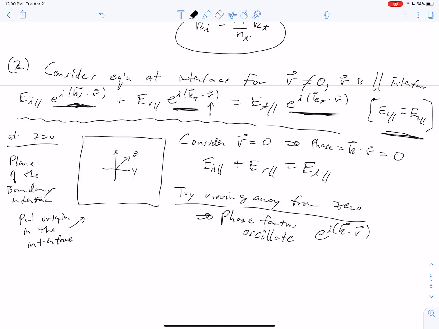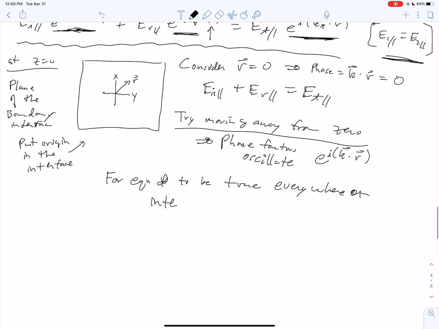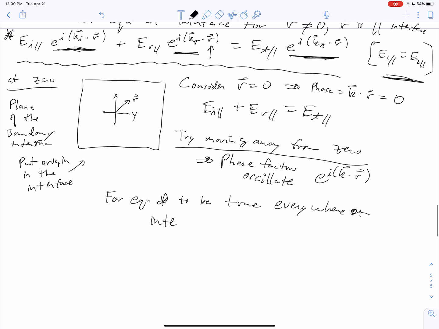for this equation, I'll call this equation asterisk, to be true everywhere on the interface, and this is a profound statement, everywhere on the interface, so this is actually important. I'm not just being pedantic.